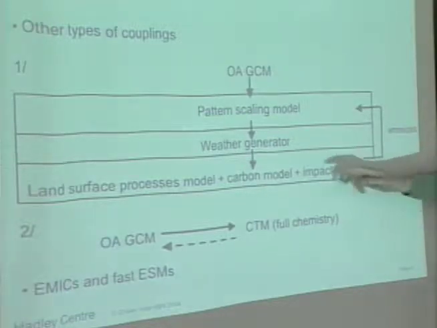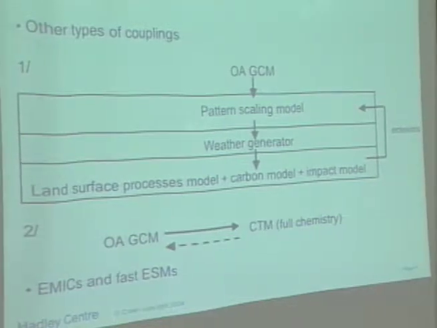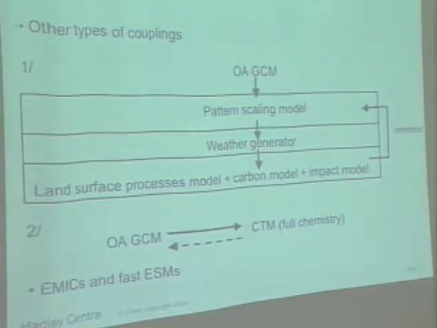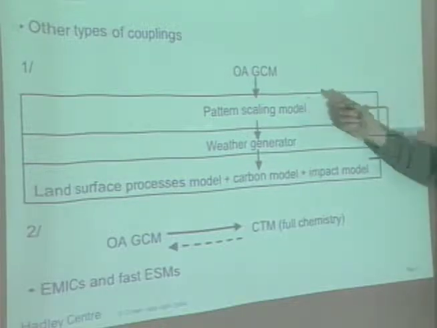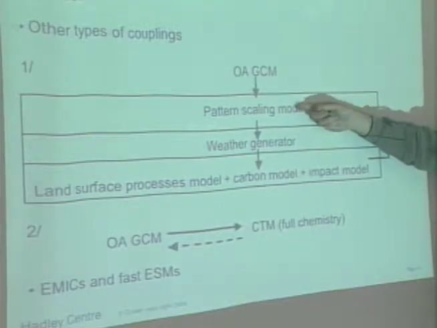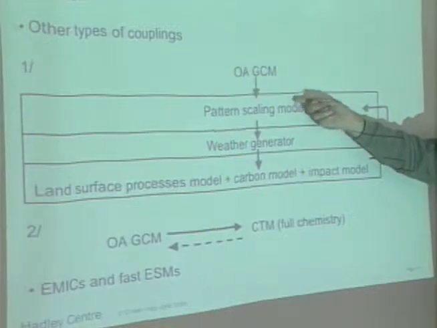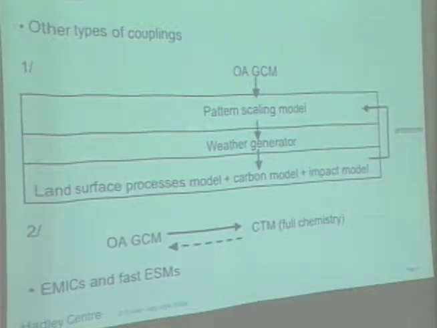And because it's a land surface process model, you can estimate the carbon emissions, the methane emissions, etc. From there you can estimate radiative forcing, and that can feed back on climate change through that pattern scaling model. And the assumption here is that you can interpolate linearly climate change according to radiative forcing, which to some extent is right.